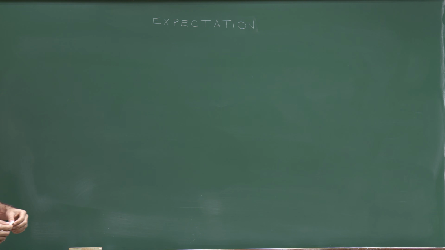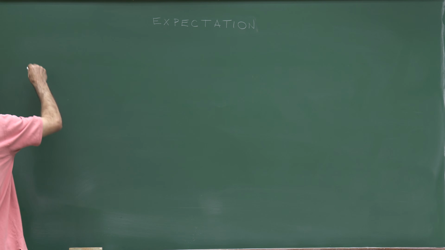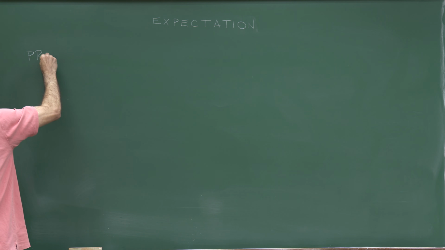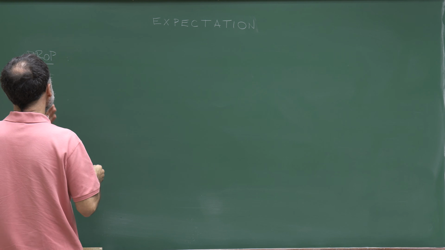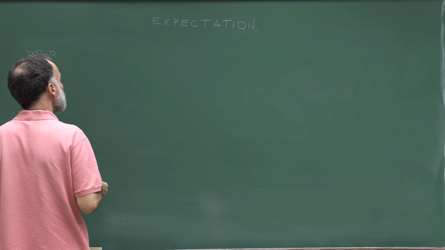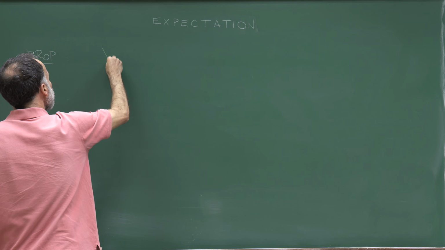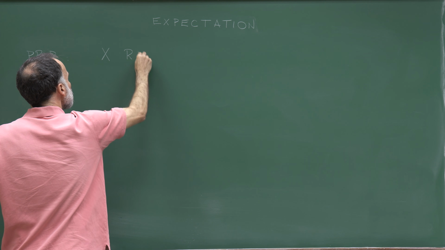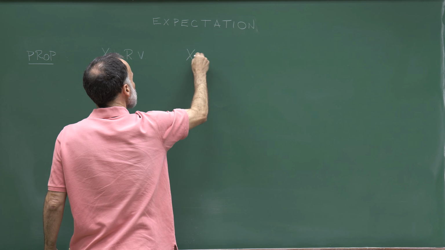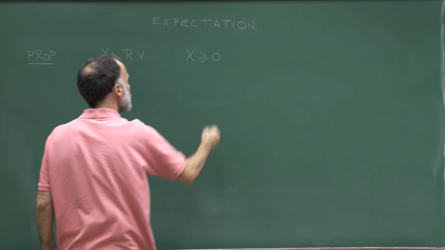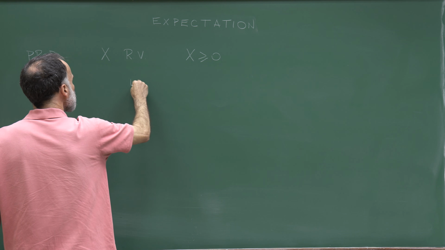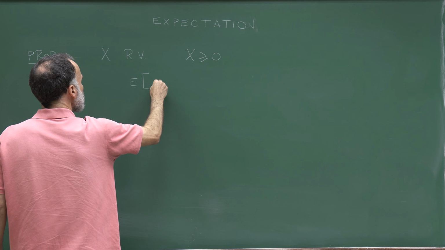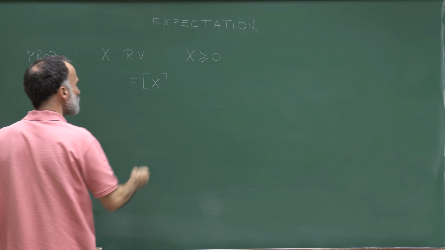So up to now, this lecture was a review of measure theory, and now we have the first result, which goes beyond measure theory and uses the fact that P is a probability measure. So I have x, a random variable. I'm assuming that it's non-negative, and I want to claim that the expectation of x is finite if and only if a sum is finite.